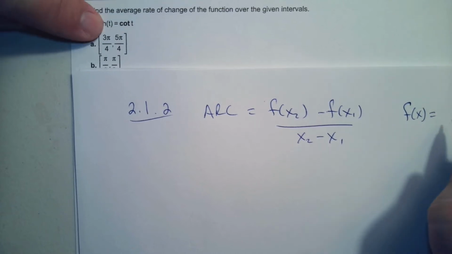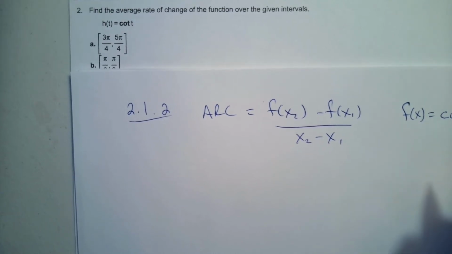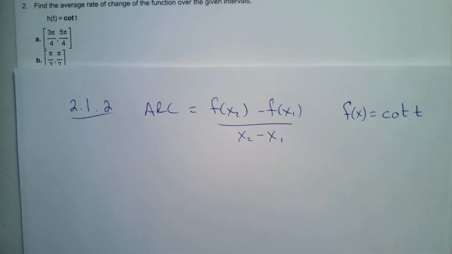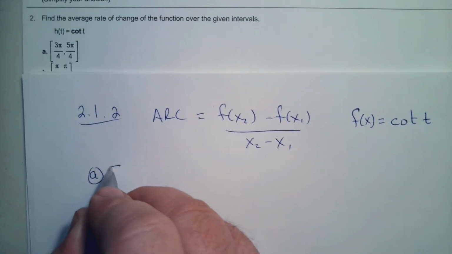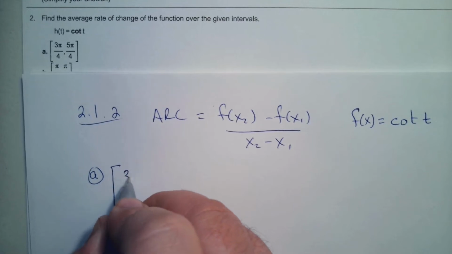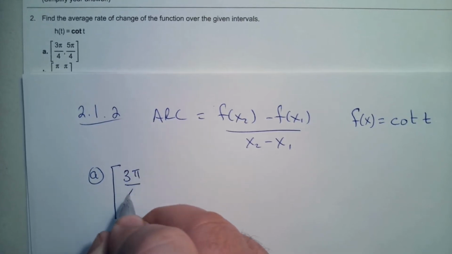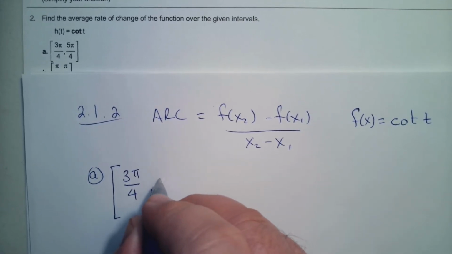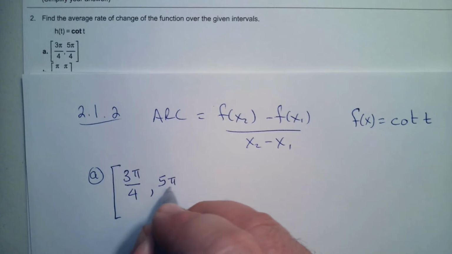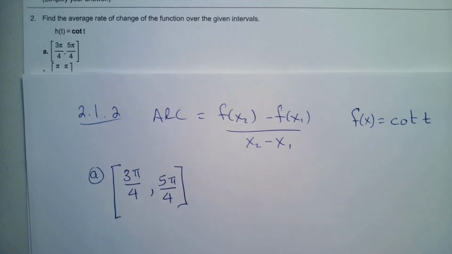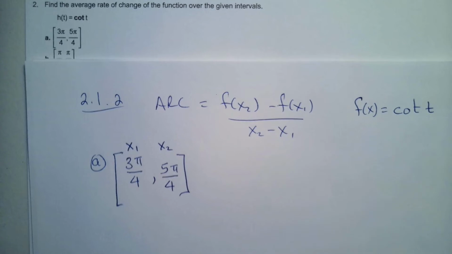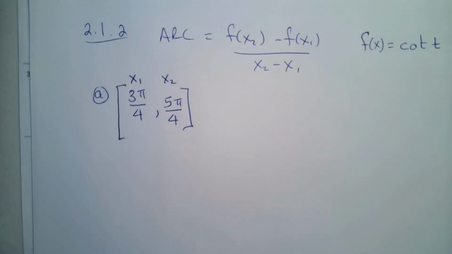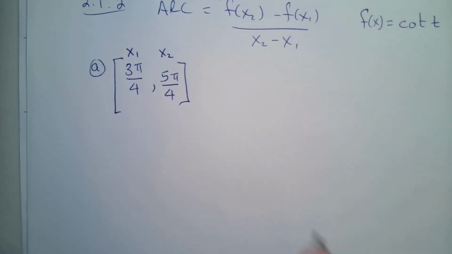The function is cotangent t. And the first interval is 3 pi over 4 to 5 pi over 4. So this is my x1, this is my x2. We'll do the same thing we did earlier.